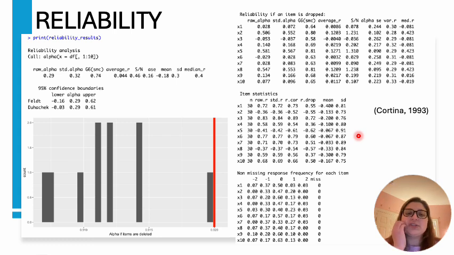Our next matrix here is this item statistics. This section is just illustrating the statistical details for each item. We can see X1 has a high correlation of, I'm sorry, it's the raw r we're looking at. So it's 0.72.